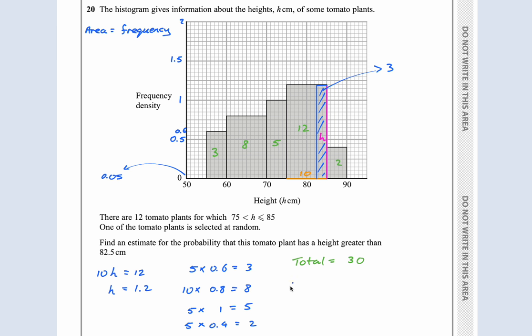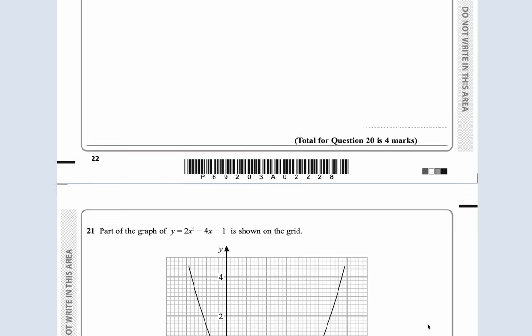Therefore, the probability that H is greater than 82.5 is going to equal 3 plus 2 out of 30, the total. So there's 3 in here, there's 2 there. 3 plus 2 is 5, 5 out of 30, or 1 out of 6. That's the answer.